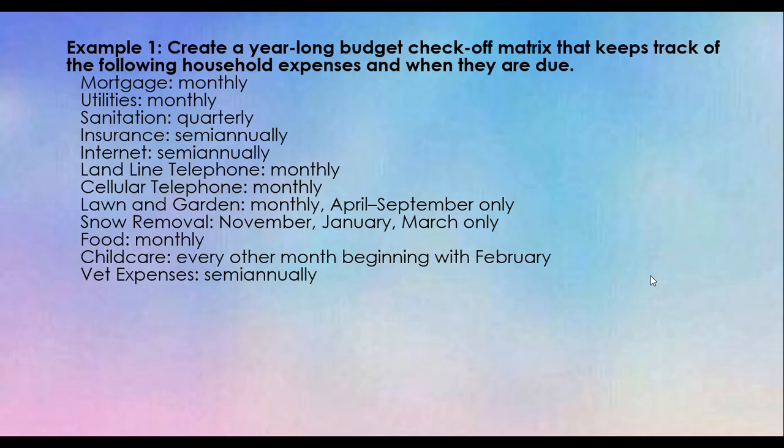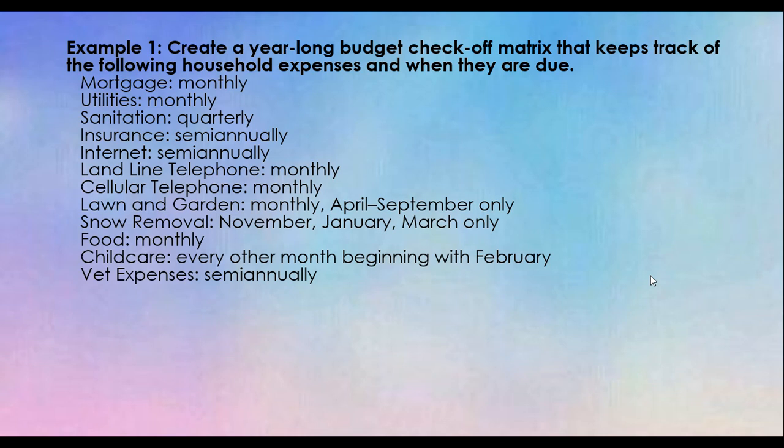Snow removal, pretend we're living somewhere where it snows. So that would have to be the winter months when we would get snow. So obviously November, January, March. I guess December, we're just living with December and February. We are just staying in, snowed in. I don't know. I didn't make up this example.